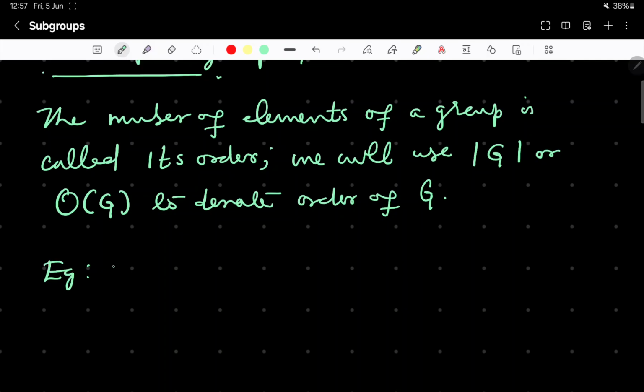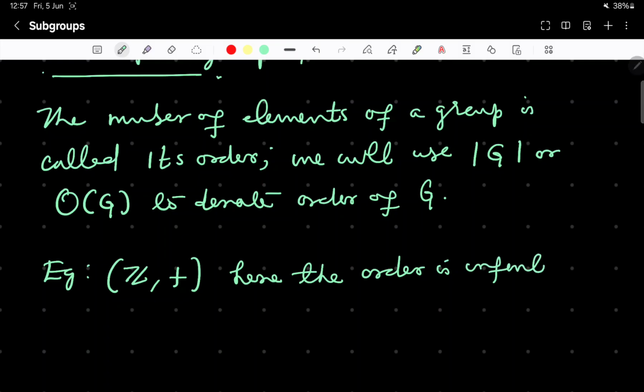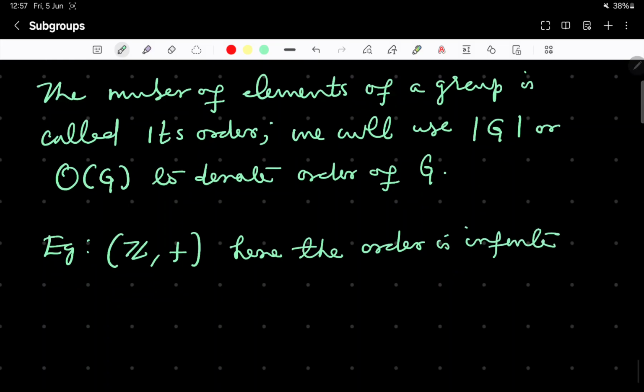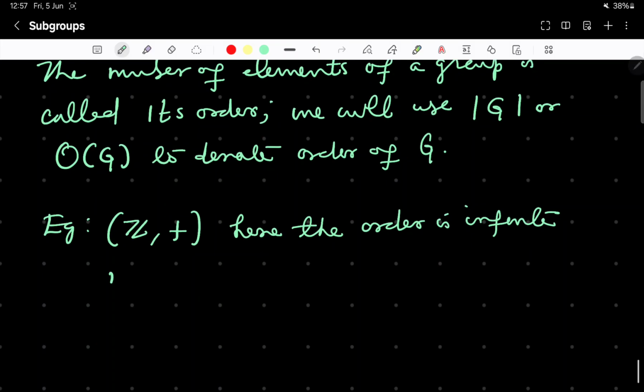If you look at our previous example, integers and addition, here the order is infinite because there are infinitely many elements. Now if you look at the group U10, the group of units, it is 1, 3, 7, 9, all those elements whose GCD with 10 is 1.